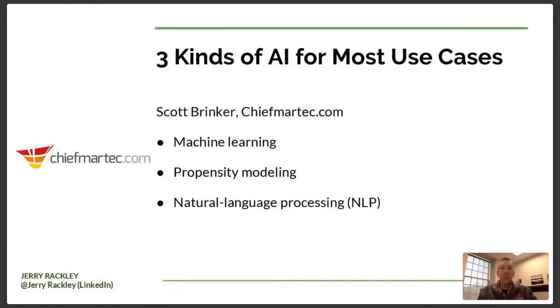Similarly, natural language processing, or NLP as a lot of people call it, is probably perceived as the cool AI technology because it powers the conversational interfaces of things like chatbots and voice assistants like Siri and Alexa. These applications of AI are helping drive engagement with customers.